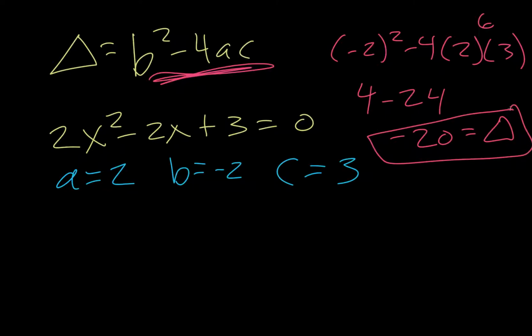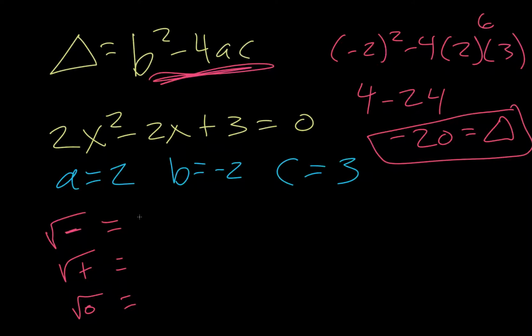Now that's not our final answer because it wants us to state the nature of the roots. So what we're going to do, if we have a negative number under a square root, what type of values does that give us? If we have a positive value under a square root, what type of values does that give us? And if we have 0 under a square root, what does that do for us? So since it's negative, we're going to get an imaginary solution here.